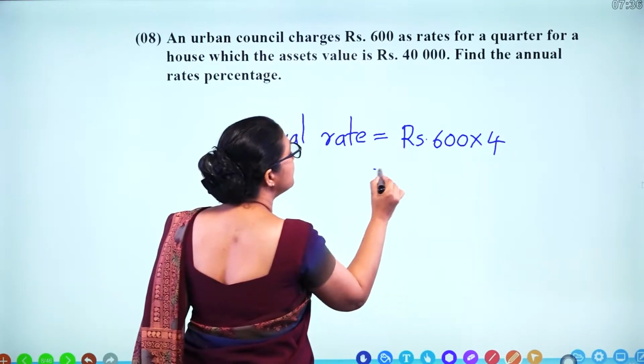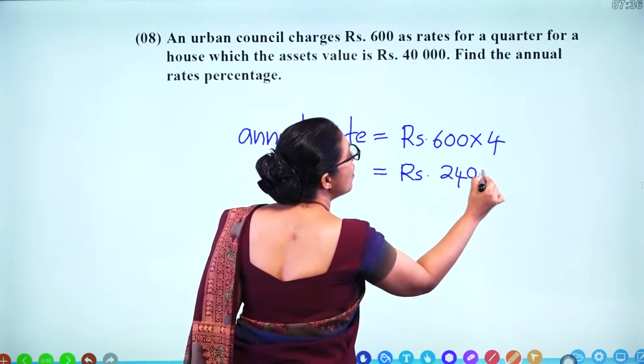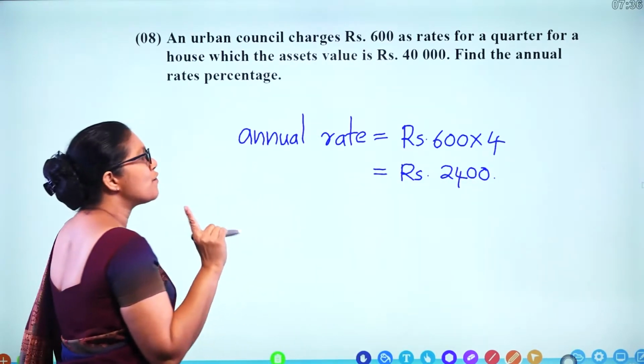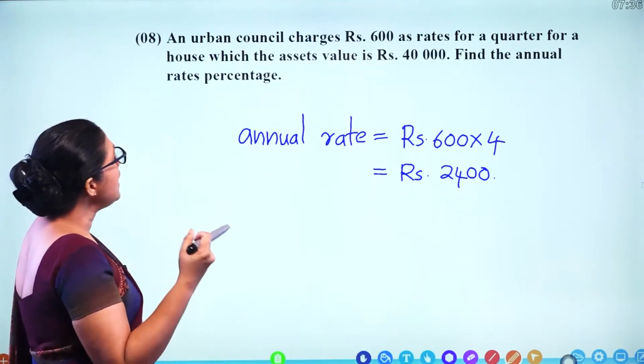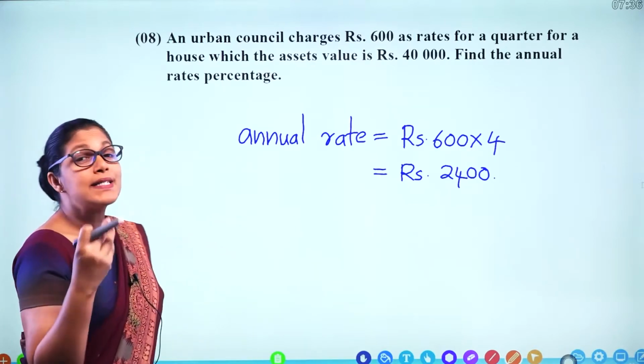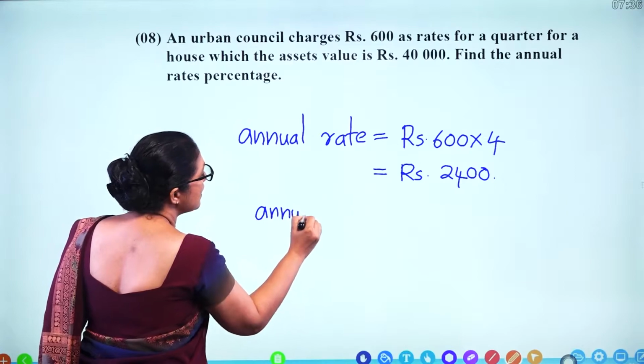So what's the value? You get 2,400 rupees. That's the annual rate. But we need to find out the annual percentage rate. So what's the annual percentage rate?